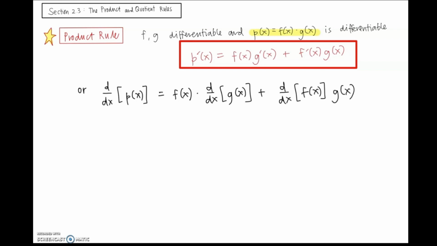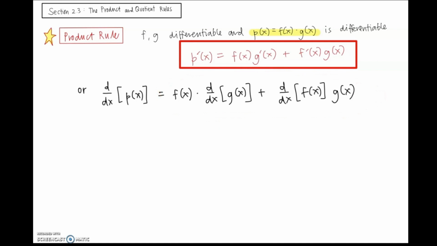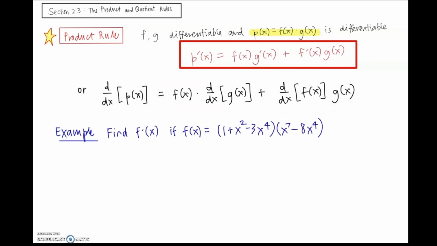So just using the different notation, but both of these are saying the same thing. You're going to take just the regular first function in the product times the derivative of the second plus the derivative of the first part times just that regular second function in your product. And we definitely want to get a lot of practice using the product rule, so let's look at some examples.